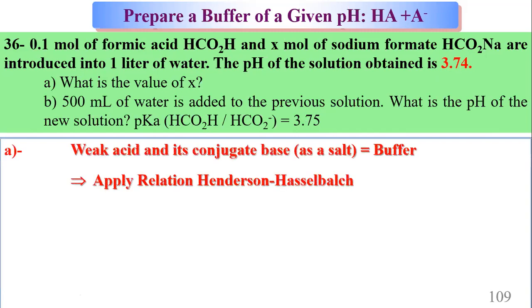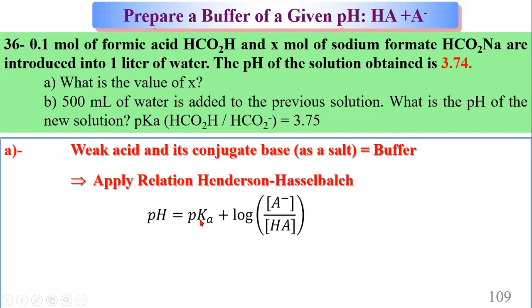So again, you have to recognize that you have a buffer system because you have an acid and its conjugate base, and therefore, buffer, use Henderson, automatically. With Henderson, pH equals pKa plus log of the base divided by the acid. If I have the pH of my buffer, I put it in. Of course, if they give you Ka, get the pKa. Here you have the pKa.